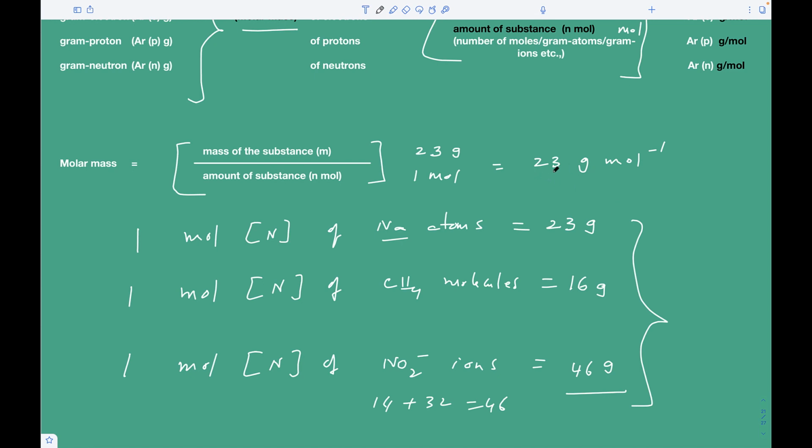And in general, for any element, molar mass is equal to its relative atomic mass or atomic weight in grams per mole. And using a similar argument, you can prove that molar mass of any molecular substance is equal to its molecular weight or relative molecular mass in gram per mole, and so on.